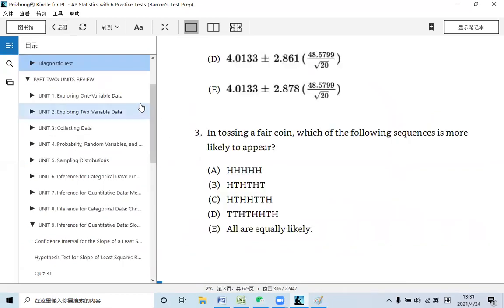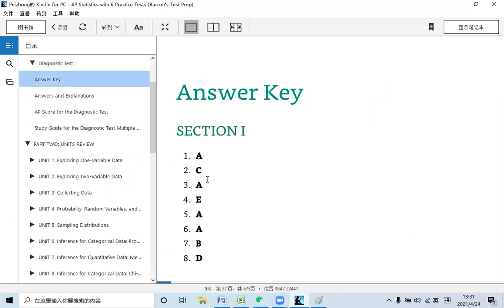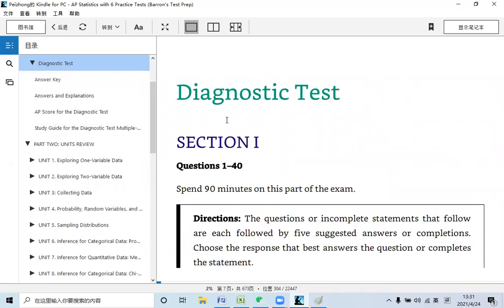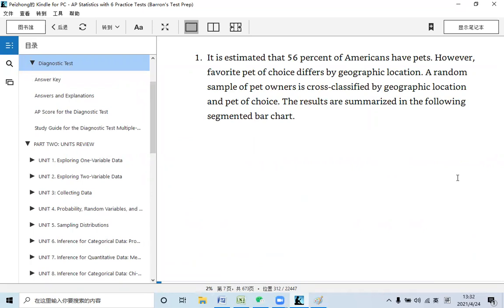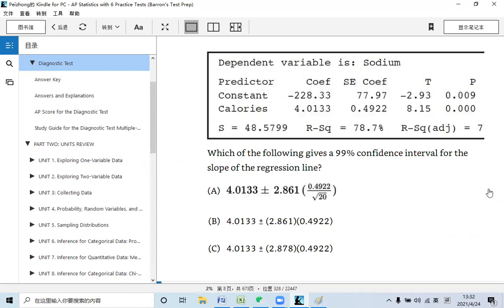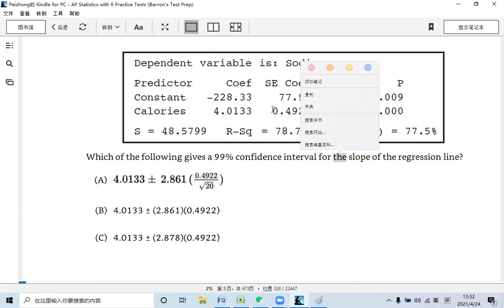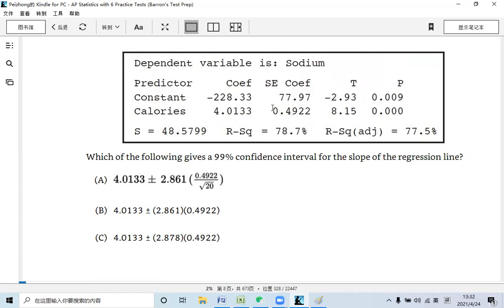Yeah, good. This question basically you just need to read the table, standard error. This is the standard deviation. When you have to estimate the standard deviation, you have a standard error.